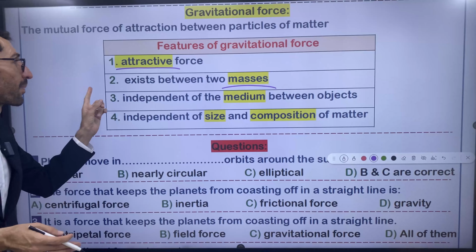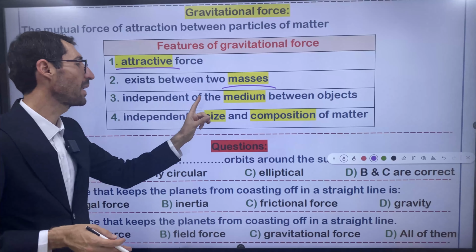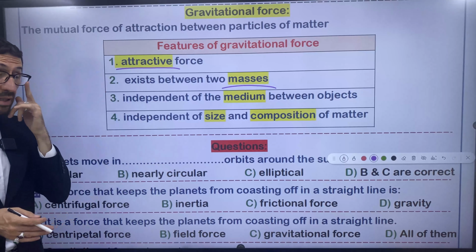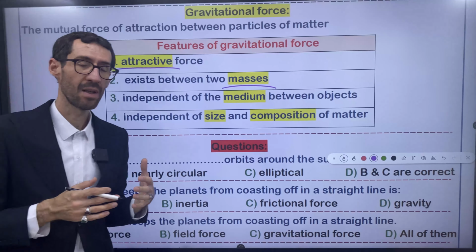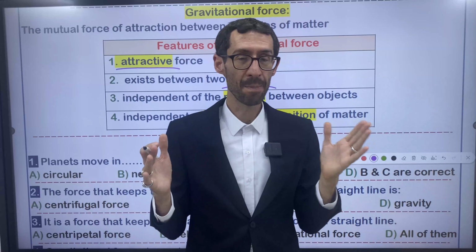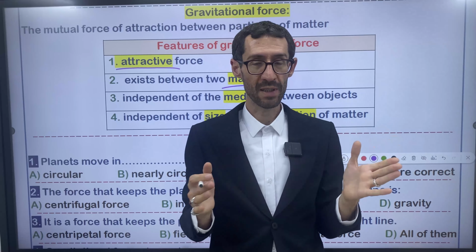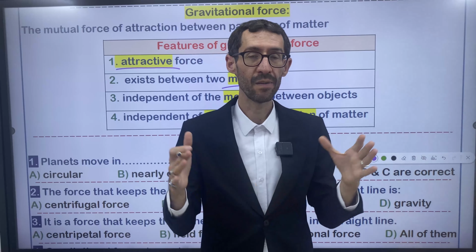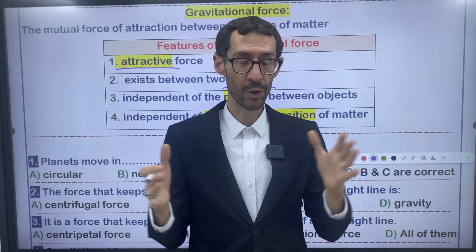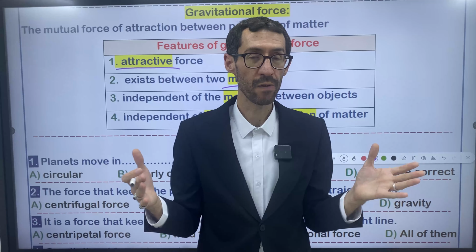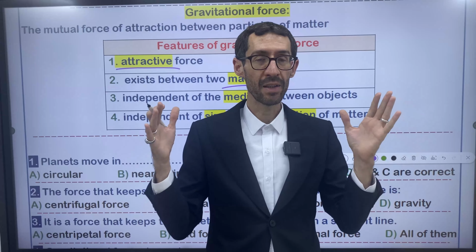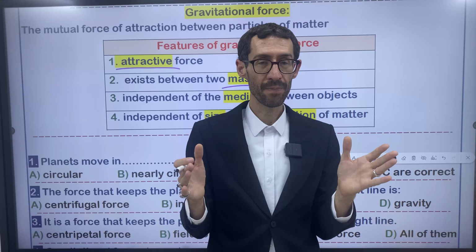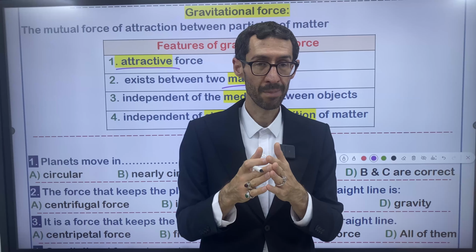Number three, gravitational force is independent of the medium between the objects. What does it mean? Newton said that even between two chairs in a room there's a gravitational force, and the medium between these chairs is air, matter.